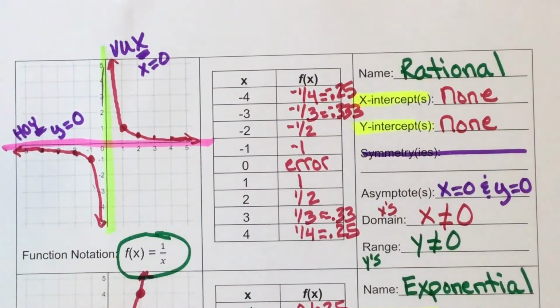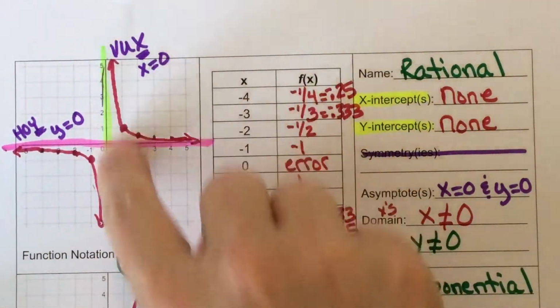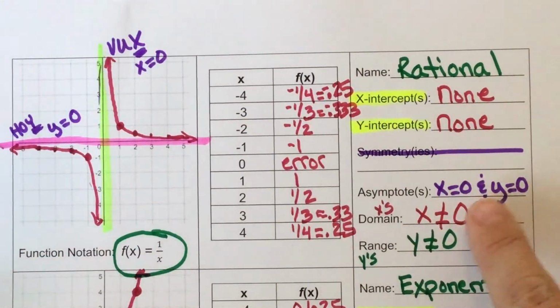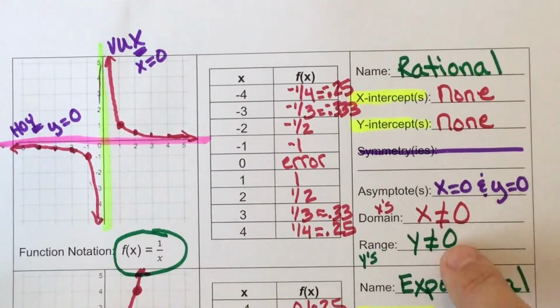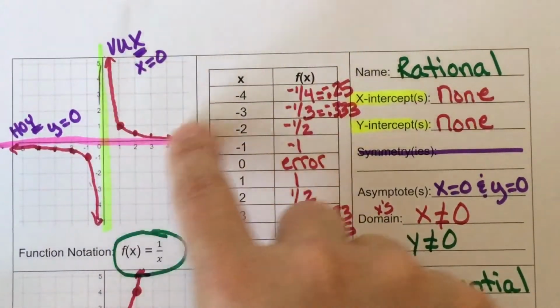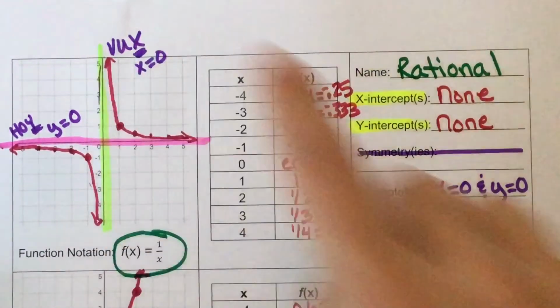So asymptotes, just to repeat that, are lines that the graph comes close to touching, but it's not allowed to touch or cross. The rational one had two of them, x equals 0 and y equals 0. That's why we had restrictions on the domain and range at those spots, because otherwise they look like they go forever left and right and forever down and up.